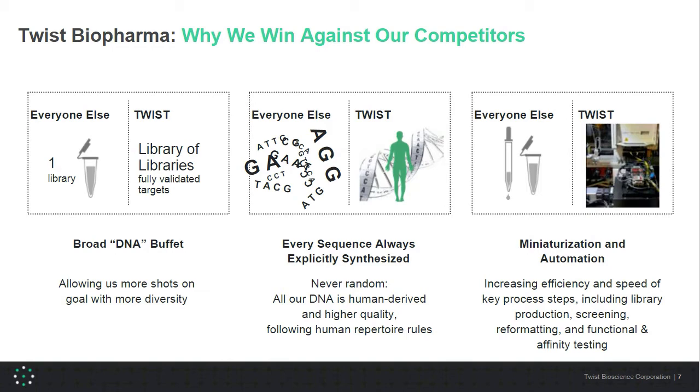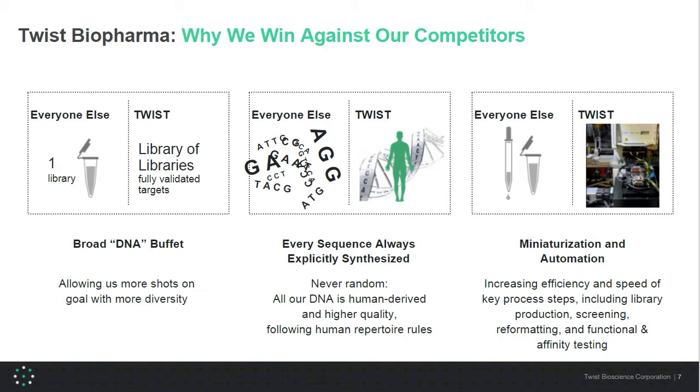A lot of our competitors may only have one or a couple libraries that they use repeatedly over and over against different targets. But here, as you'll see today, I now have over a dozen different libraries that I can use in pools to really ensure that when our partners give us a target, we can give them antibodies not just from one library, but from multiple libraries. So that increases the broad epitope diversity of the antibodies that come out of our specific projects.